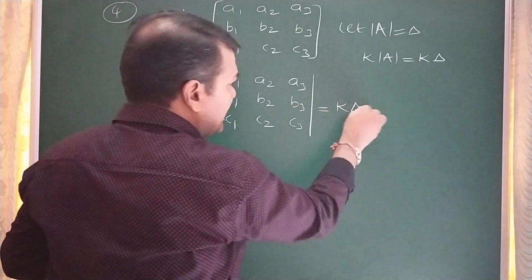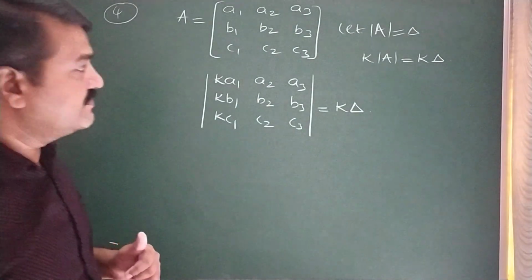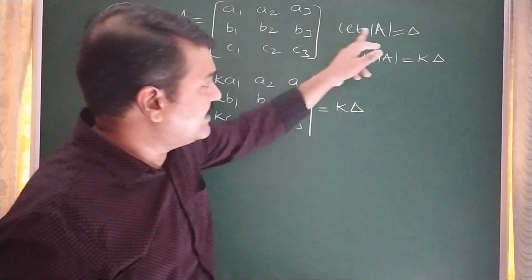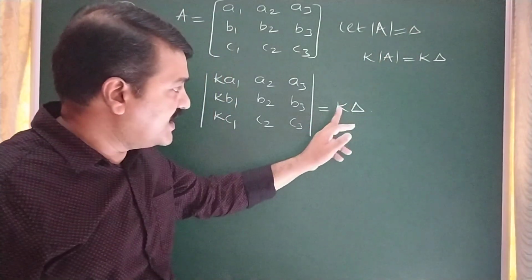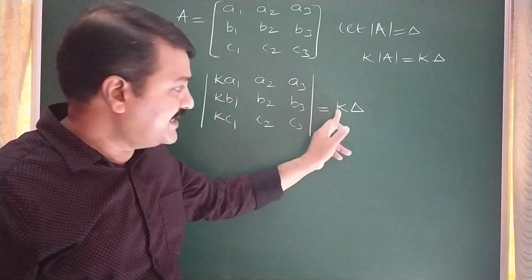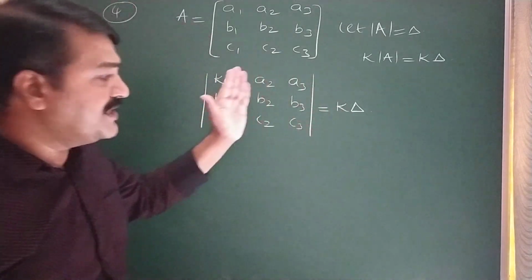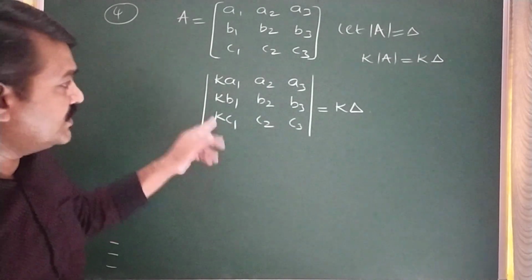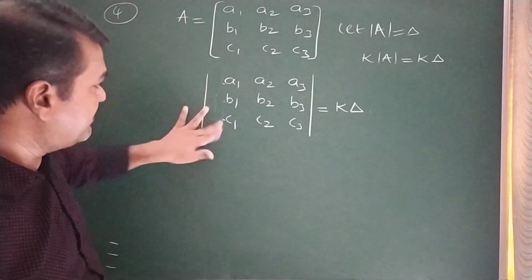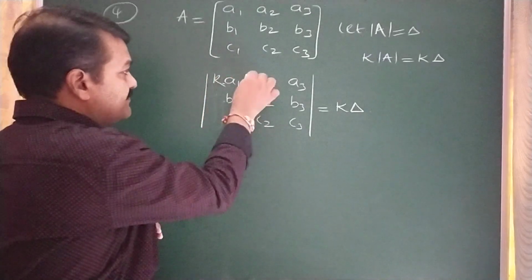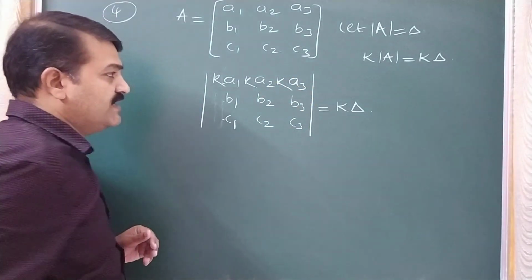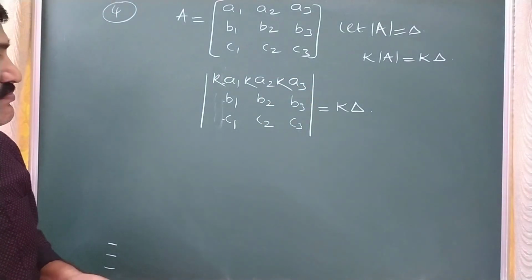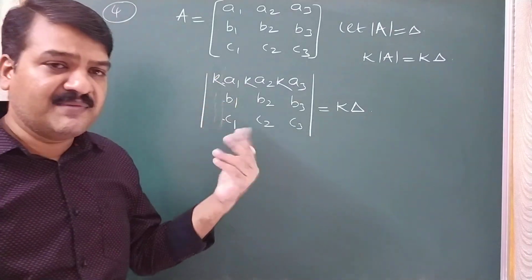So determinant value becomes K delta. Okay, originally determinant value is delta. So if K is multiplied to the determinant, that K can be multiplied to any row or column. I multiply to first column here. Or I can multiply to first row like this. I can multiply to first row. I can multiply to first column, anywhere.